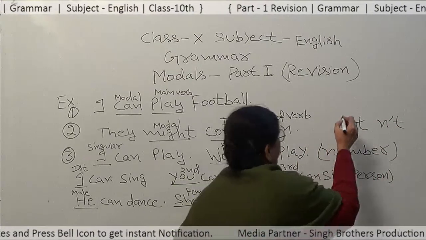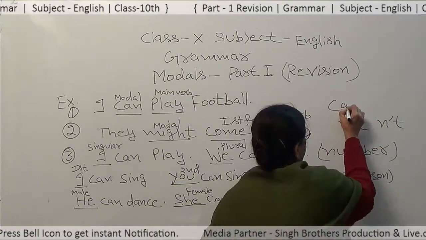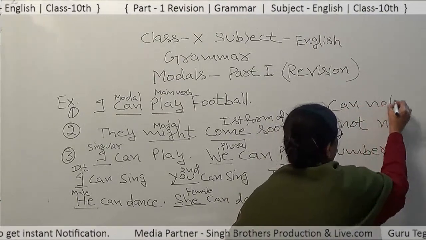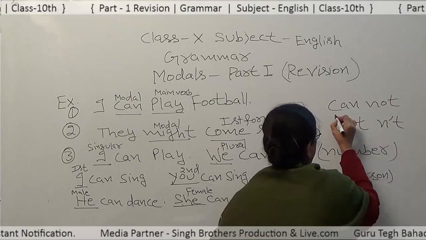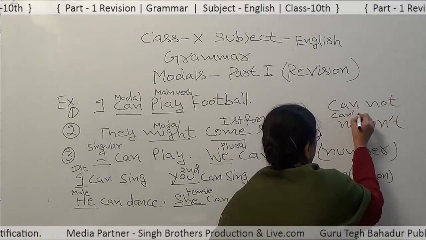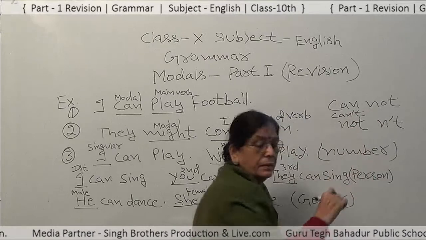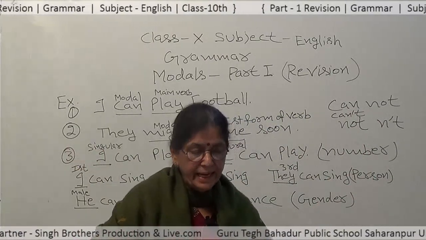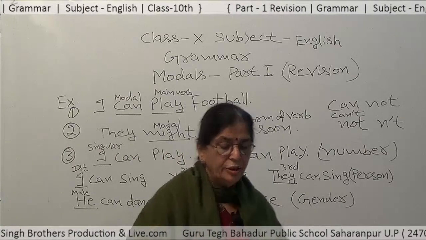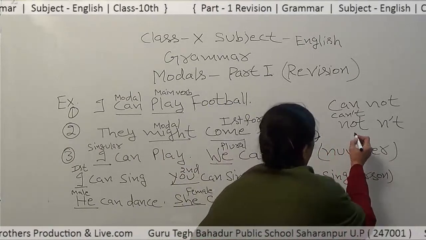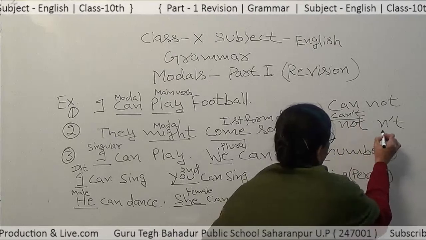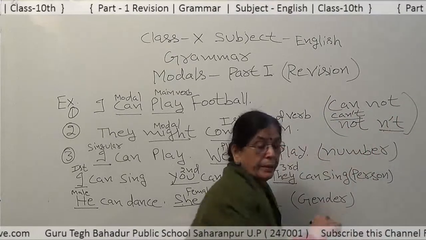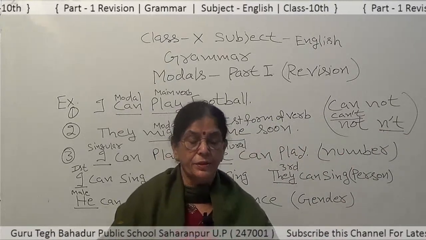For example, I have to write can in negative, so I can write cannot or I can write can't. But generally, for making the negatives, we use the shortened form with the modals. This form is used.